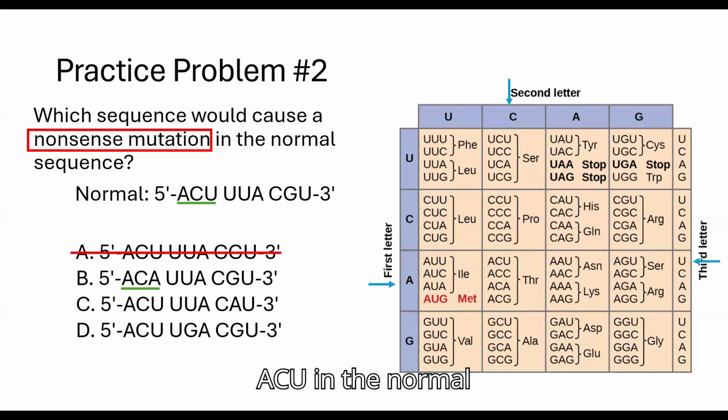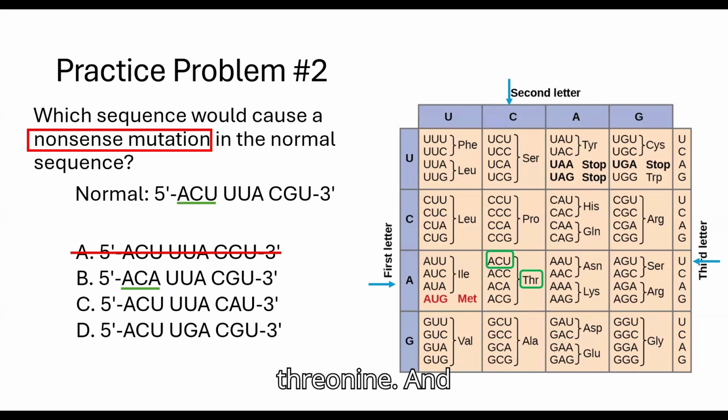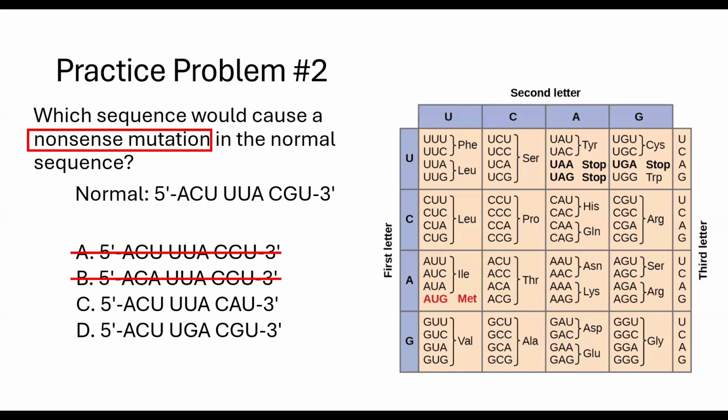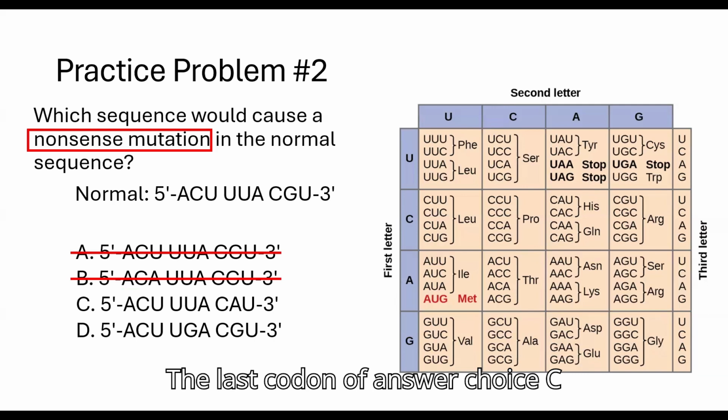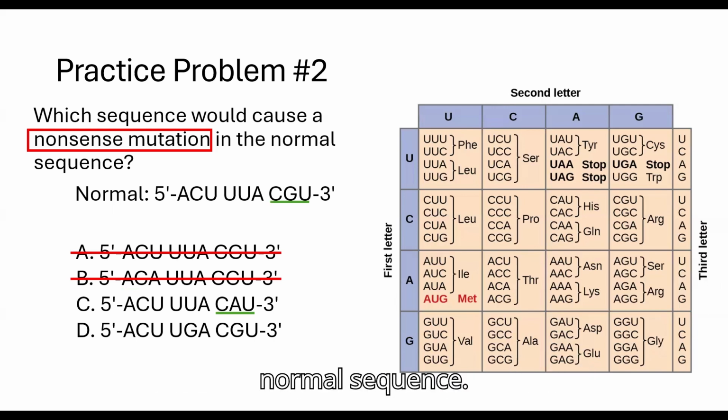ACU in the normal sequence codes for THR, which is threonine, and ACA in the mutated sequence also codes for threonine. So B is a silent mutation and can be eliminated. The last codon of answer choice C contains a change when compared with the normal sequence.